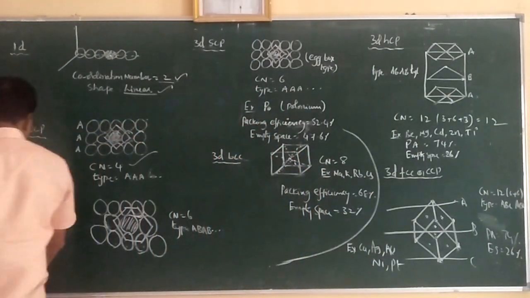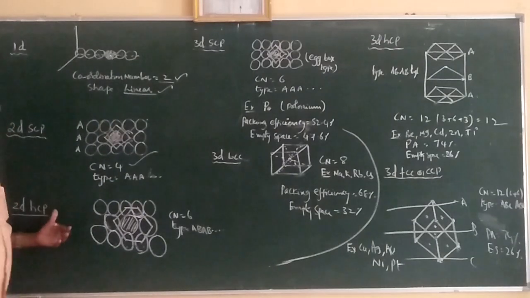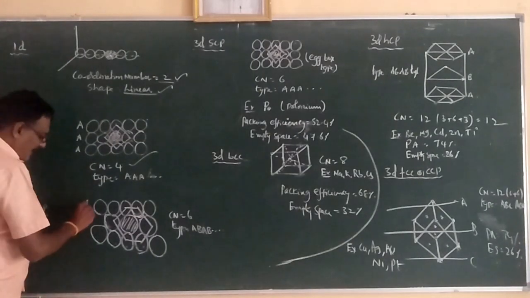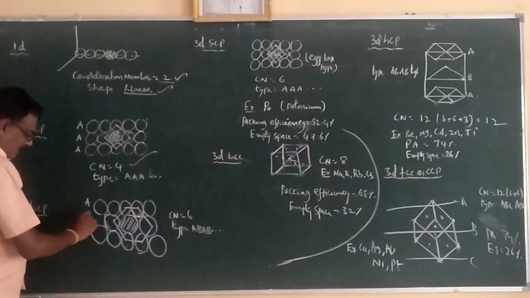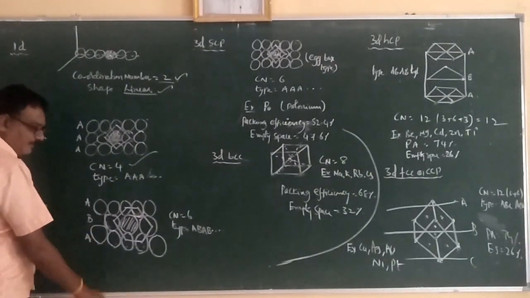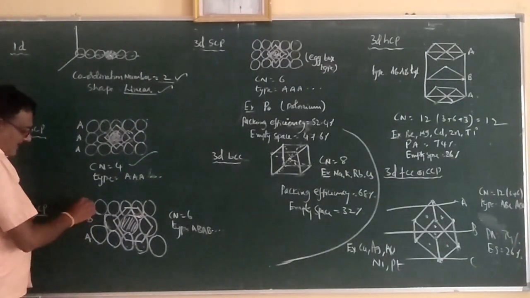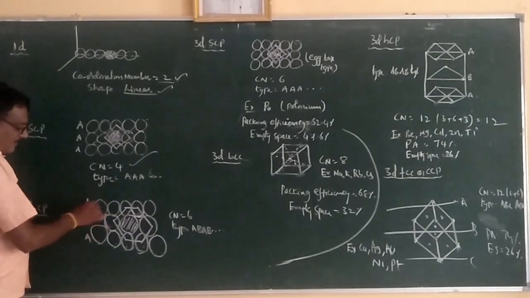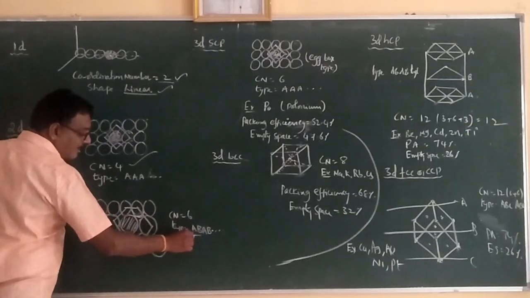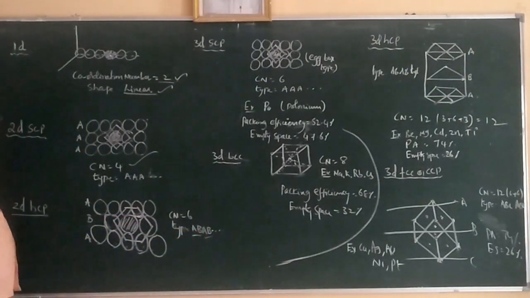Next is two-dimensional hexagonal close packing. Hexa means 6. There is an A layer, and next a B layer. The B layer is different from A, so this is called AB type.